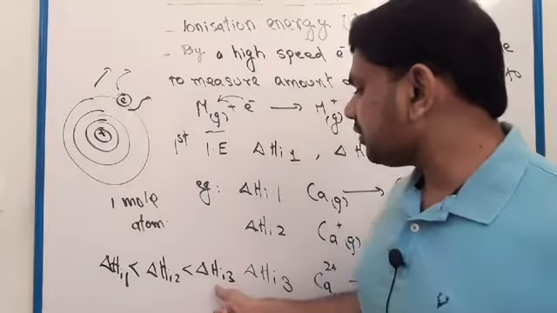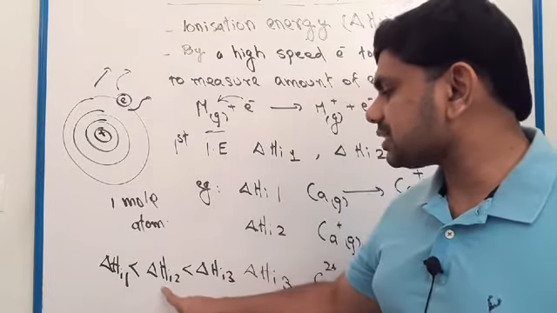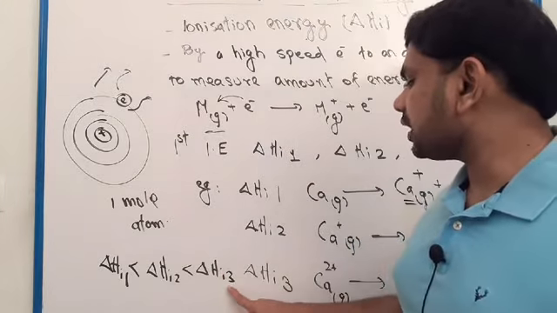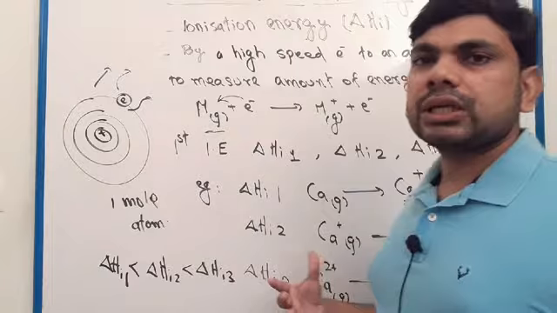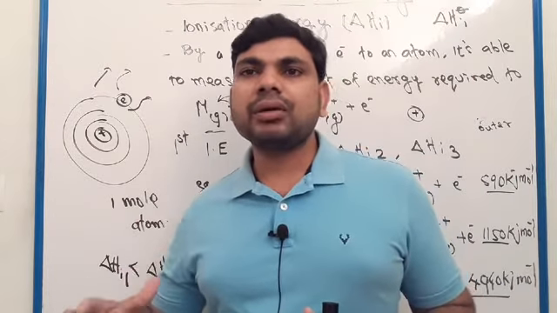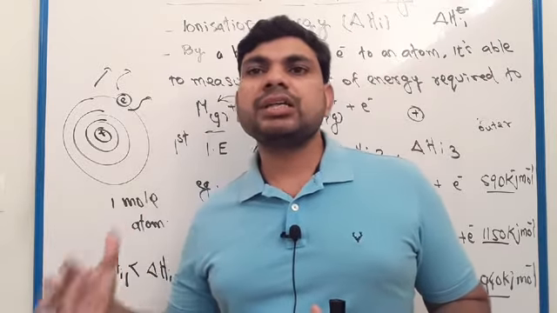The first ionization enthalpy is less than the second ionization enthalpy, which is less than the third ionization enthalpy, then the fourth. Because for first ionization enthalpy, the electron is far from the nucleus, so it needs less energy to remove.